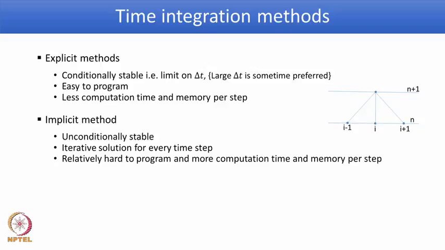It is relatively hard to program as compared to the explicit method, and it takes more computational time as well as memory for every step. Graphically it is shown here. The value at n plus 1 is evaluated based on the value at n plus 1, but at I minus 1 as well as I plus 1.